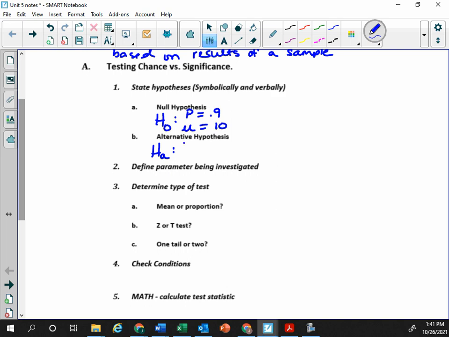So it could be p is less than 0.9, or p is greater than 0.9, or you could even say p does not equal 0.9. Or the same thing with mu if it's a means problem: mu is less than 10, mu is greater than 10, mu does not equal 10.